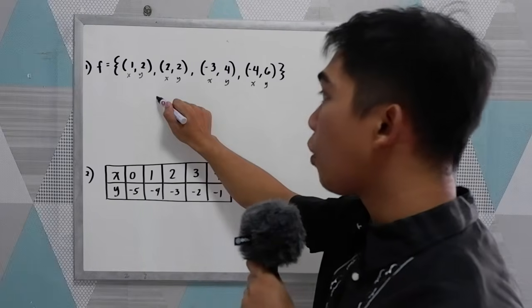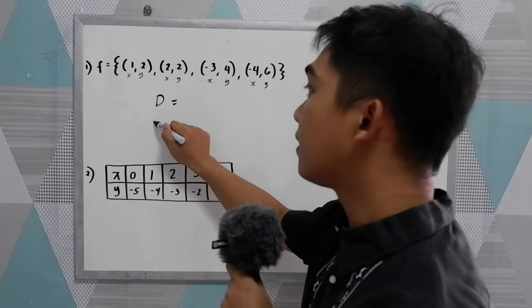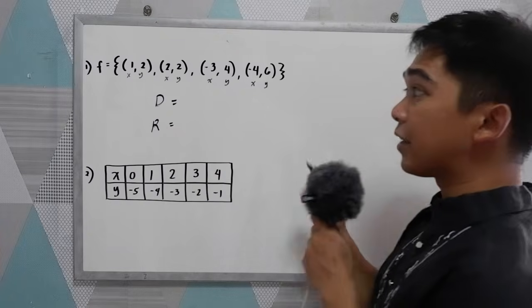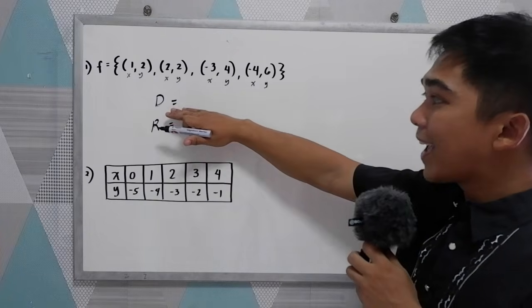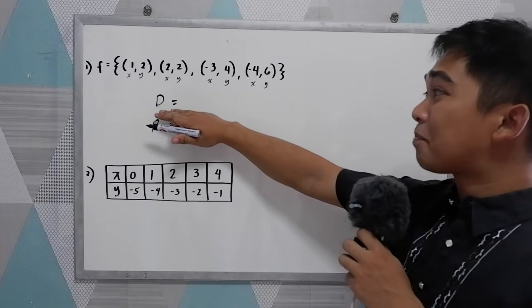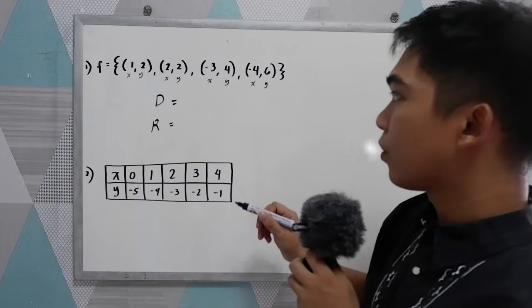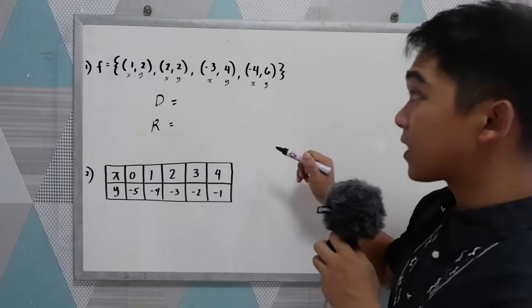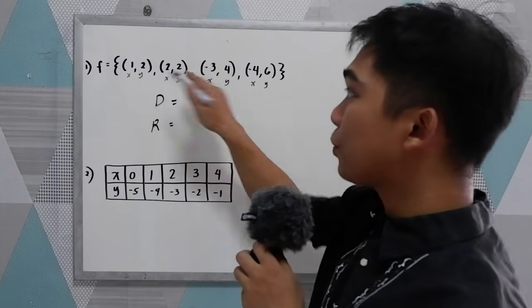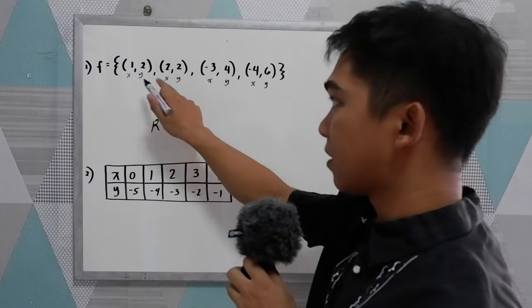Now let's find the domain and range of our given in number 1. Again, our domain are the possible inputs in our x-axis. So let us first get all our inputs in our x.